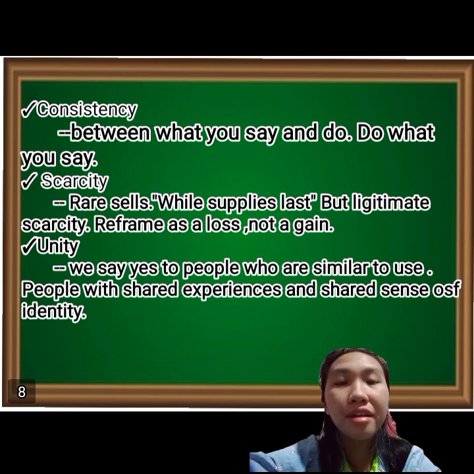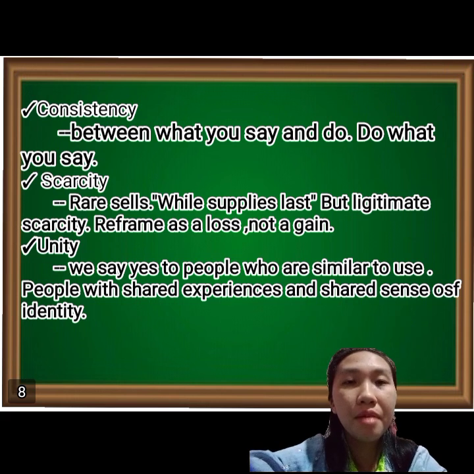When we say rare sales, bihira na ibenta, but legitimate scarcity reframed as a loss and not a gain. So, meaning when we say gain, ito ay makuha. That is scarcity.